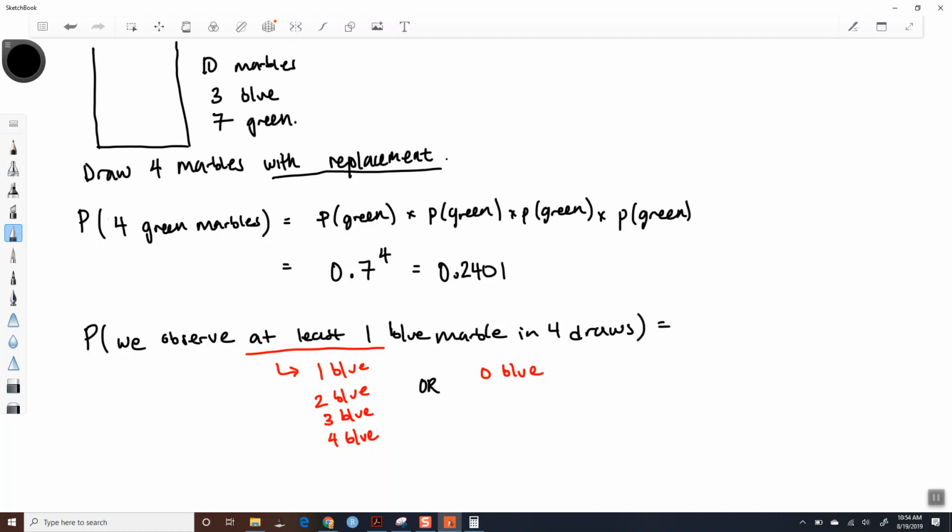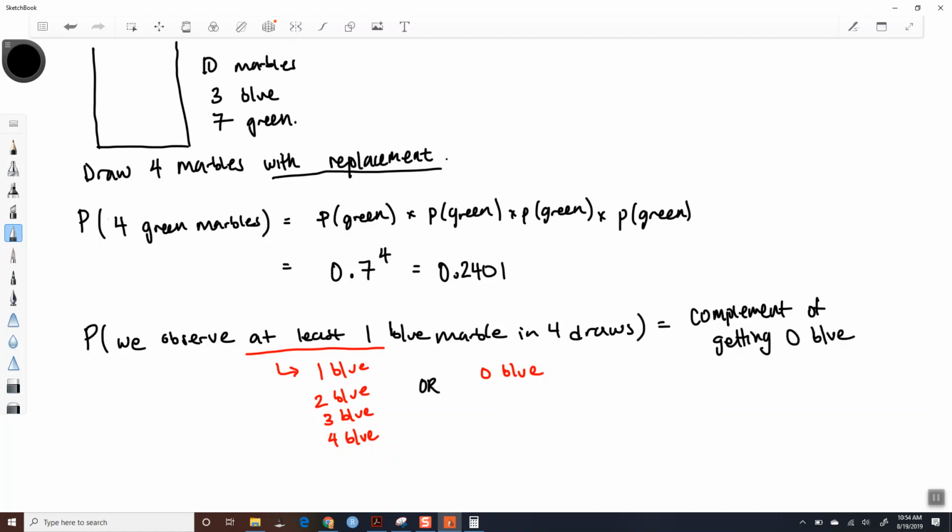So we observe at least 1 blue marble in 4 draws, or we observe 0 blue. Okay. That's it. So, if we want this probability of observing at least 1 blue marble in 4 draws, we can say this is the complement of getting 0 blue.